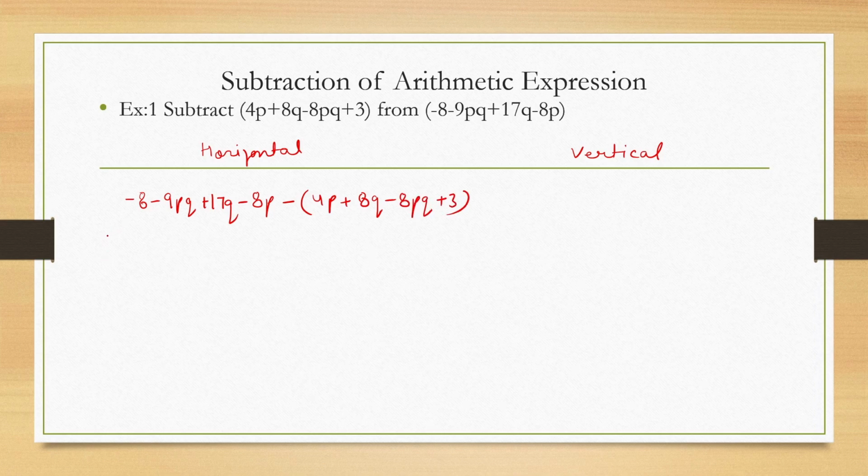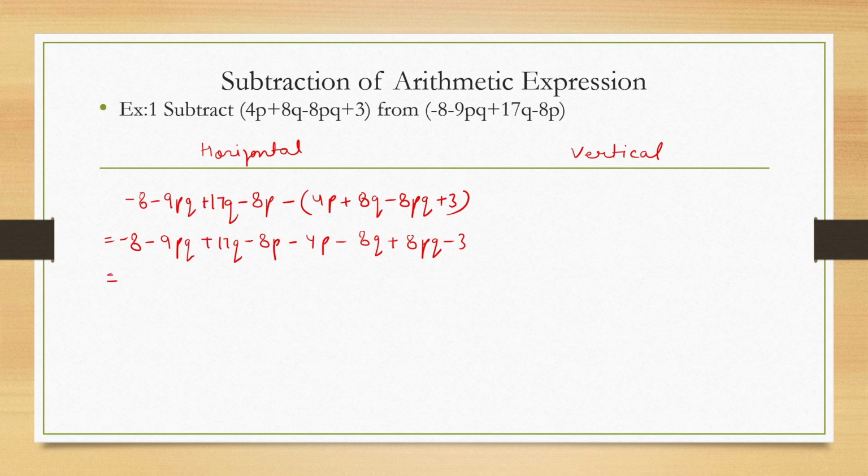First we will change the sign: minus 4p, we will open the bracket, minus plus will be minus 8q, minus minus will be plus 8pq, and minus plus will be minus 3.